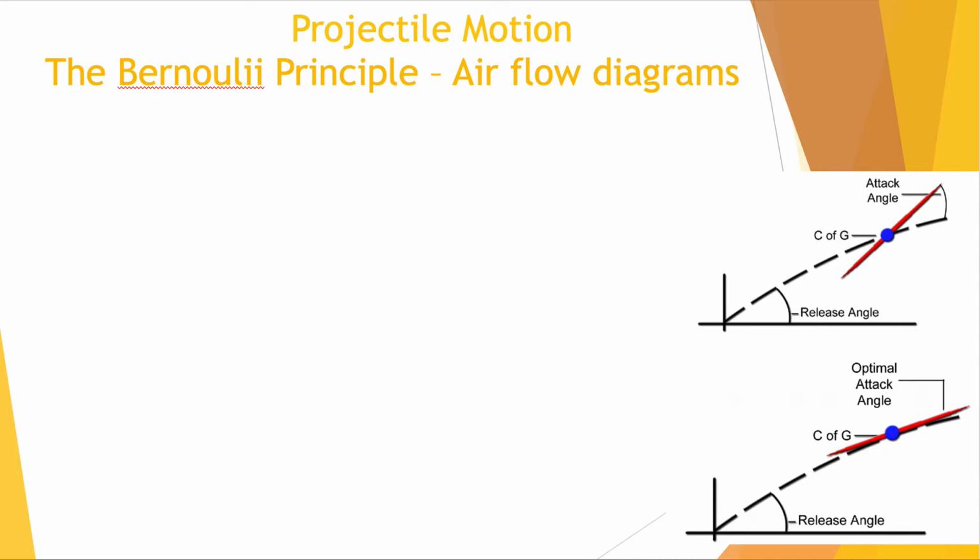Finally, let's have a go at drawing a javelin. So this time we're going to have the direction of motion going this way. We're going to draw our javelin like this. Now the javelin is very thin, isn't it?